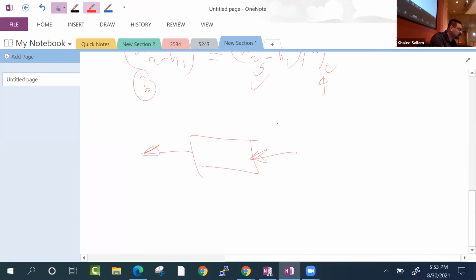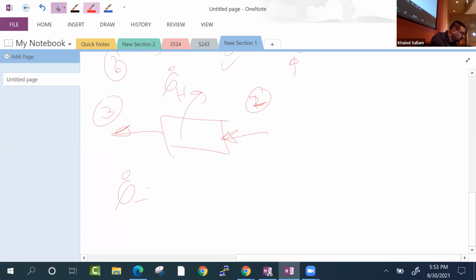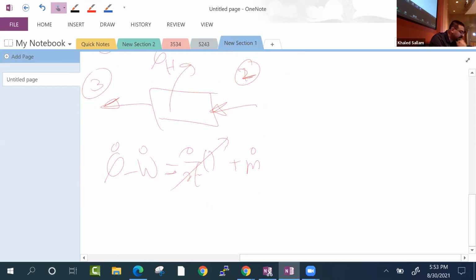So in the condenser, when I'm going from the hot compressor exit to the exit of the condenser and dumping the Q dot H to the outside or the hot ambient, the first law actually reads: always Q dot minus W dot equal to the unsteady term, which I'm not going to write here because it's steady state, plus M dot times, inside this M dot, delta enthalpy plus delta kinetic energy plus delta potential energy, right?